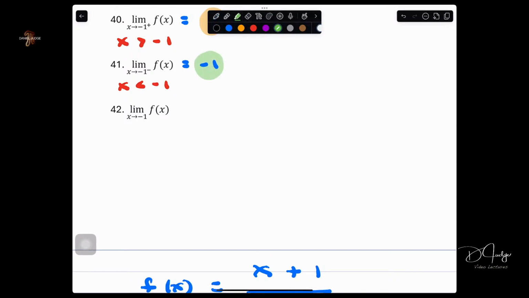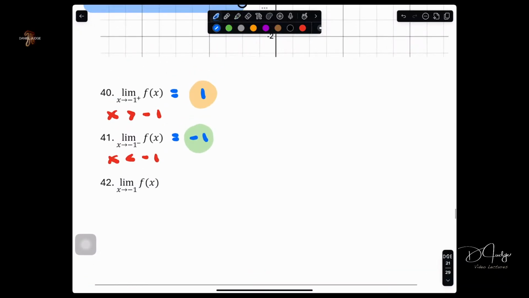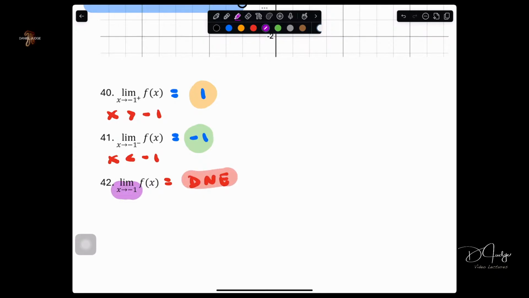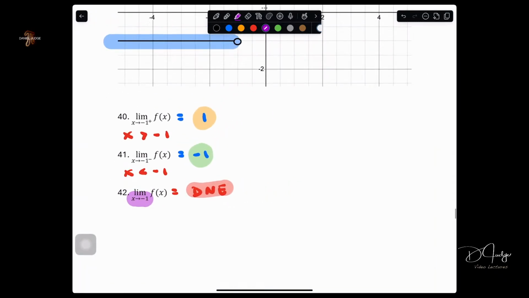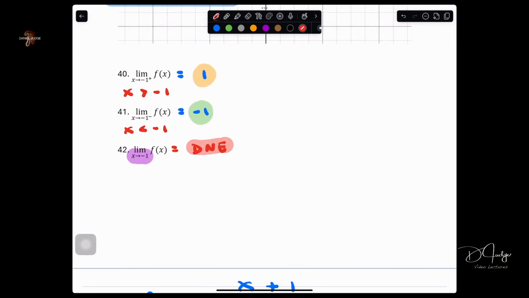And again, what we certainly know is that these two values are not the same. So that limit does not exist. Regardless of the approach here, the limit as x goes to -1 does not exist. And we just got through saying that the value of the function at -1 is undefined.